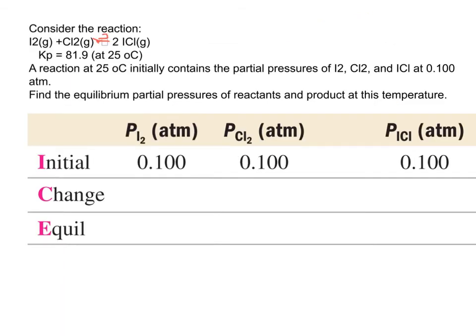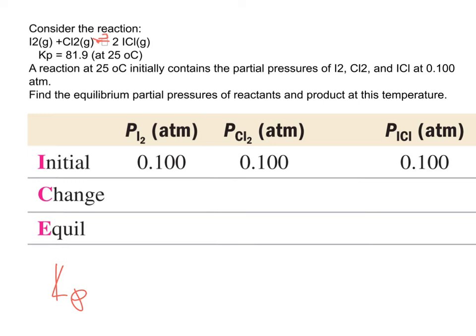Okay, so now they've kind of switched it up a little bit on us here and said you've got a reaction, the Kp now, and this isn't going to make too much of a difference, but the Kp is related to the equilibrium constant of a gaseous equation, and so these are measured in pressures, right? And so you get these partial pressures all at 0.1.